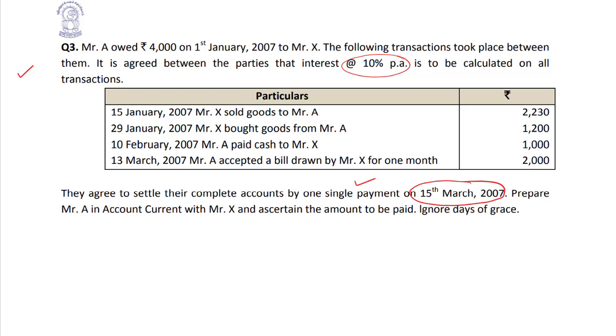Prepare Mr. A's account current with Mr. X, so we need to prepare in the books of X Mr. A's account and ascertain the amount paid. Ignore days of grace. If the question is giving the instruction to ignore days of grace, we will be ignoring the days of grace in case of bills. Let us continue.